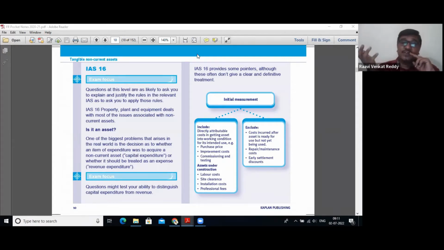Similarly, repairs and maintenance and early settlement discount. Now, any idea about early settlement discounts? In simple terms, early settlement discounts are what we call cash discounts, because discounts are of two types: trade discounts and cash discounts.